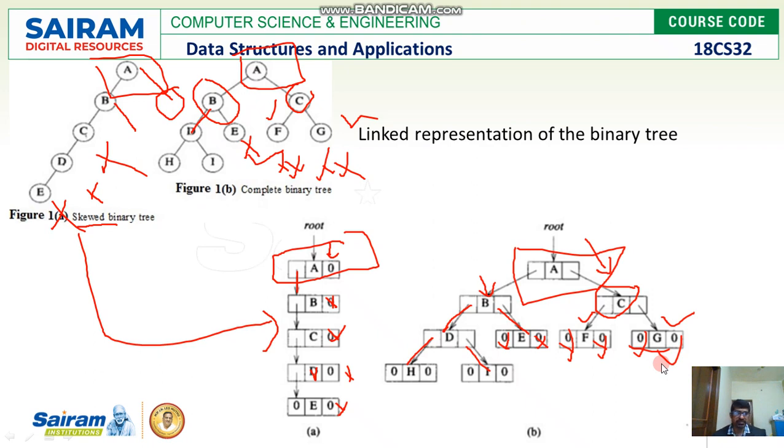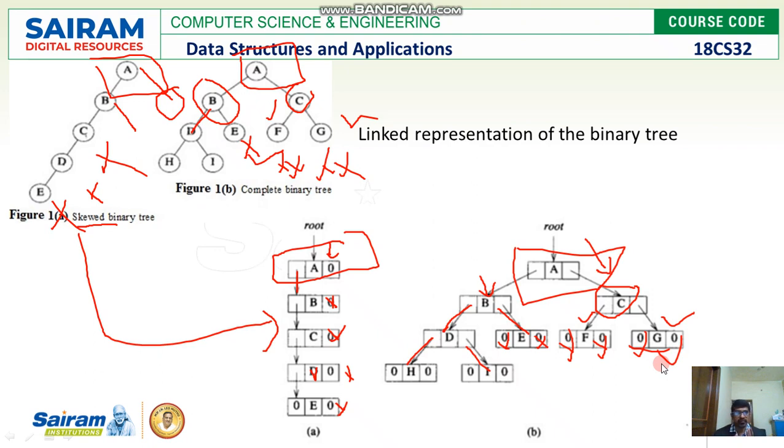Please understand the advantages of representing a tree in linked form. There are two advantages, as I told you. One is that insertion or deletion can happen anywhere in the list, because we have studied insertion and deletion in the previous chapters, and they can be done easily.